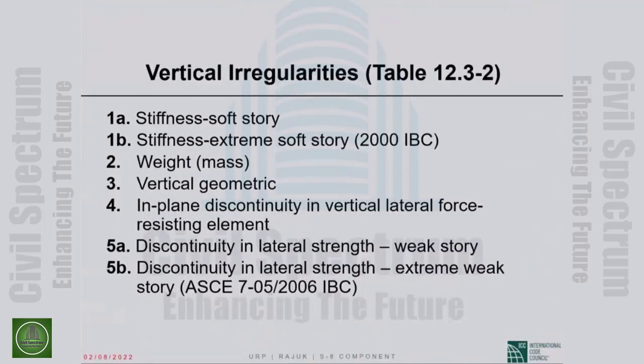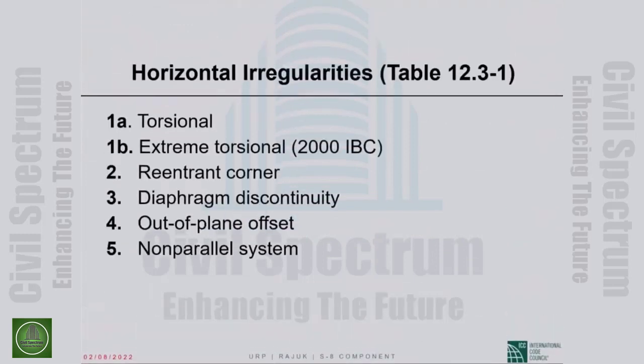The way ASCE 7 handles it, we have definitions, and then there is a table that tells you, if you have, let us say, torsional irregularity, then which particular sections of ASCE 7 get triggered.